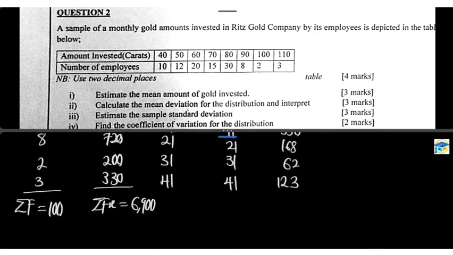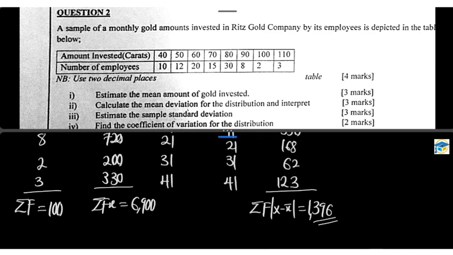Alright. So once we get this, now we need to find the total. And this total is going to give us summation f of the absolute values, right? So this is what we are looking out for. So per my calculation, I had a total of 1,396, as the total summation of f multiplying the absolute values, right?